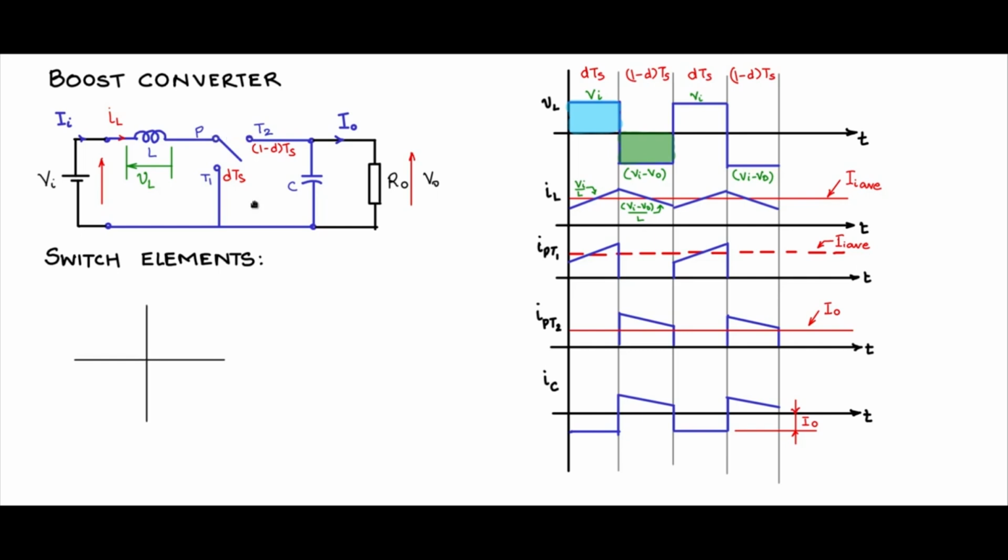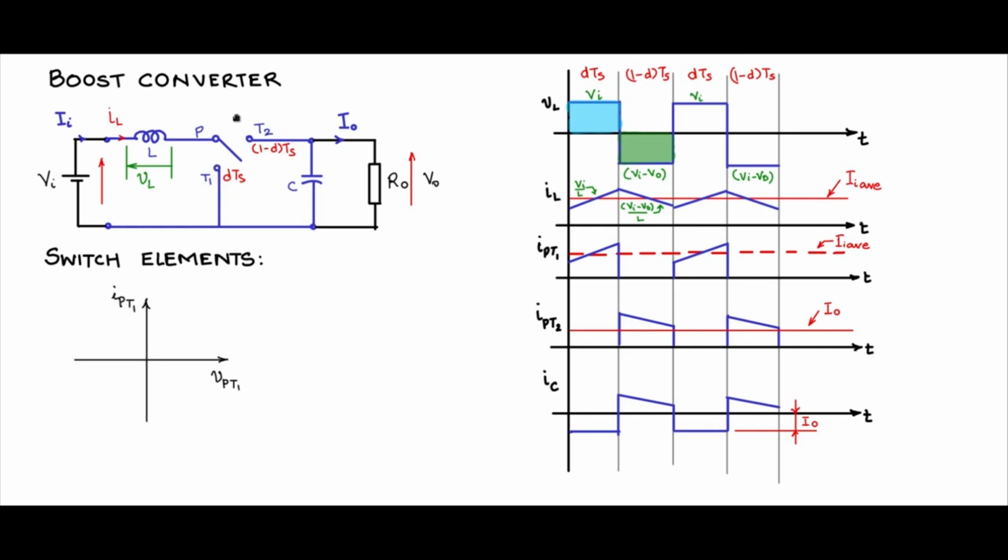Let us say we draw the IV characteristic of VPT1 and IPT1, then match the requirement with a practical switch characteristic and then select the component.